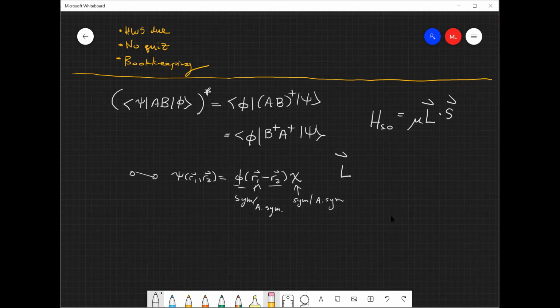You can't always do that. Sometimes it's just more complicated. In fact, chemists have a whole set of heuristic rules that take into account this kind of coupling, and those are called Hund's rules. So that's kind of interesting.